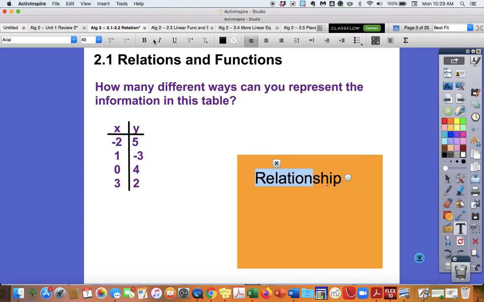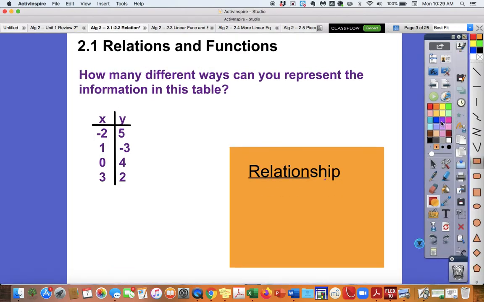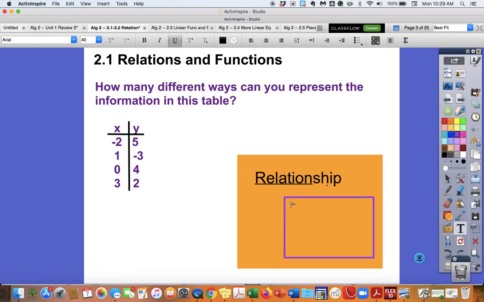There's just some kind of relationship, and that is a relation. That's just about anything you can draw in a graph, make a mapping, or table of data. You have so many things that are relations. But then there's a subset that comes in, and that subset is functions.